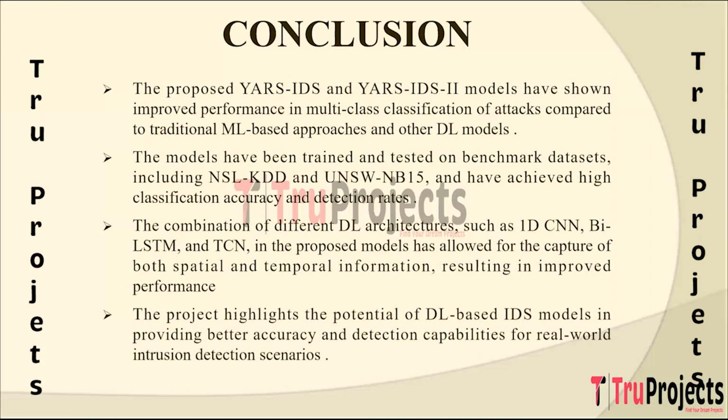The project underscores the potential of DL-based intrusion detection system IDS models in addressing the challenges of real-world intrusion detection scenarios. By showcasing superior accuracy and detection capabilities, these models demonstrate promise in enhancing security measures in practical network environments where timely and accurate threat detection is crucial.